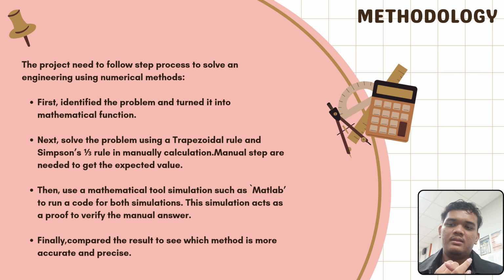Second, solve the problem using the trapezoid rule and Simpson's 1/3 in manual calculation, with manual steps to get the exact value. Third, use mathematical simulation tools such as MATLAB to run coding for both methods. The simulation acts as a proof to verify the manual answer. Last, compare the results to see which method is more accurate.